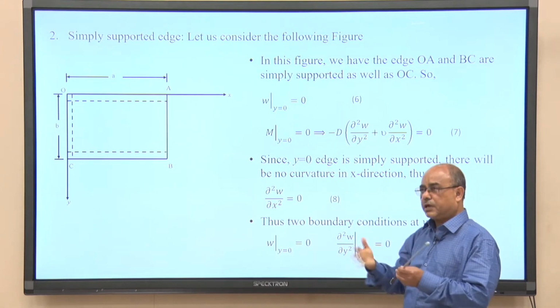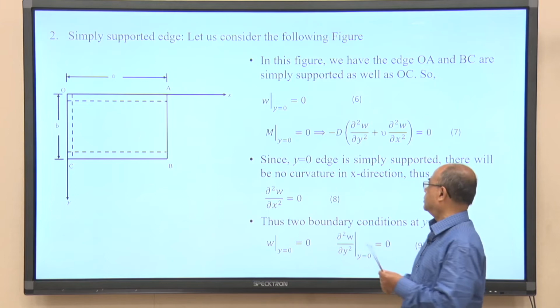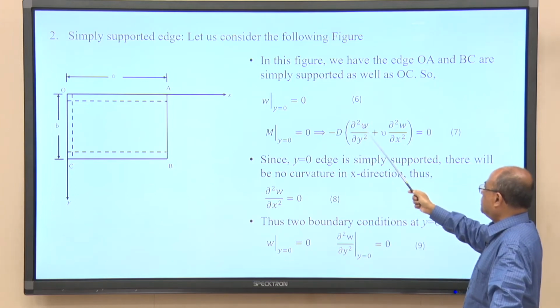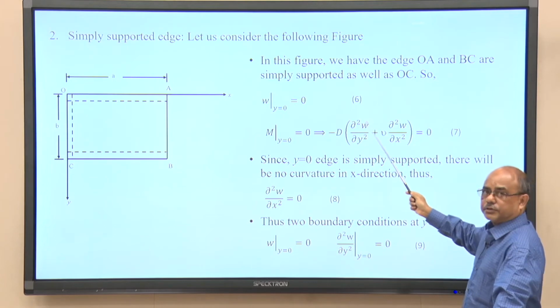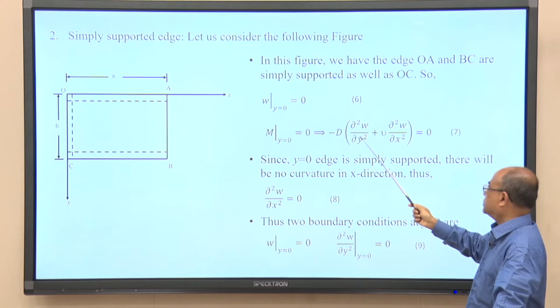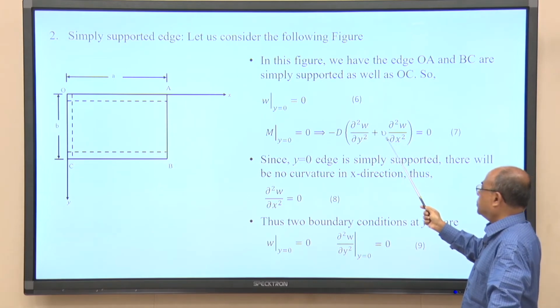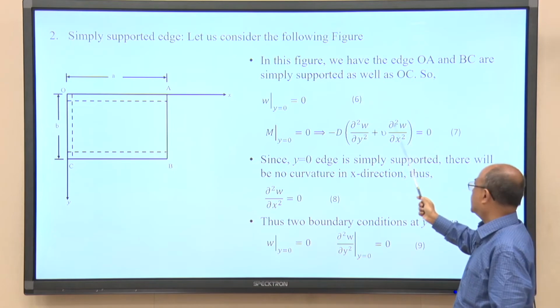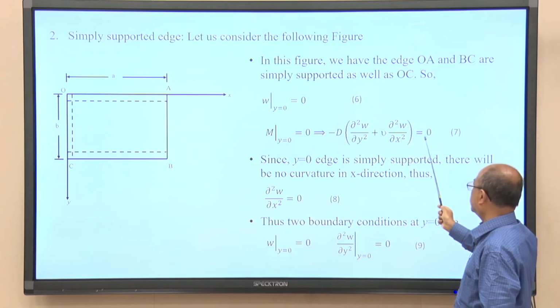So, rotation is allowed, so moment is 0. The bending moment expression we know is minus D into bracket del square w del y square, that is the curvature in y direction, plus mu, that is the Poisson ratio, into curvature in x direction, del square w del x square, equal to 0.